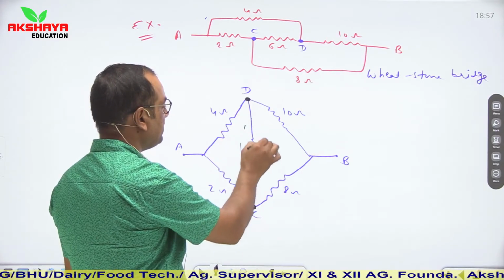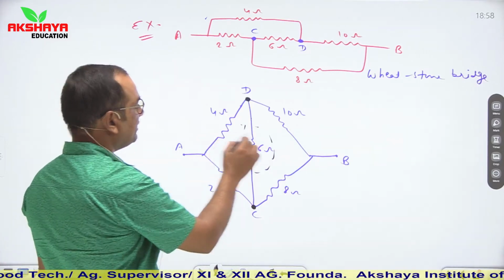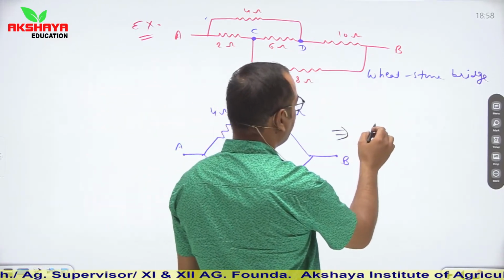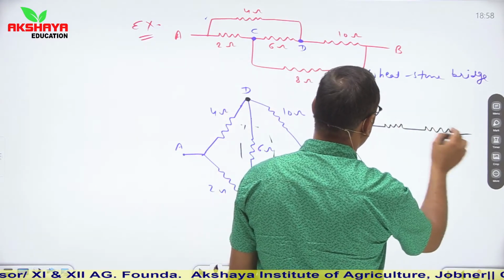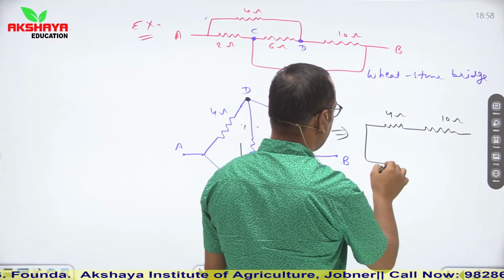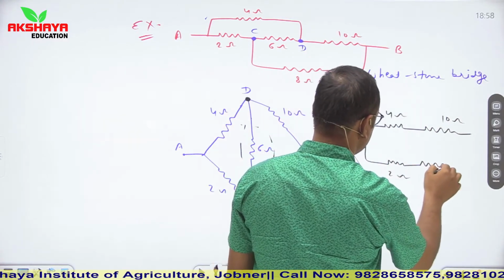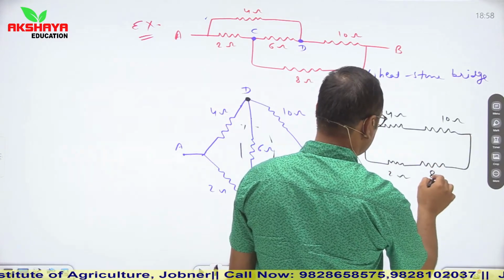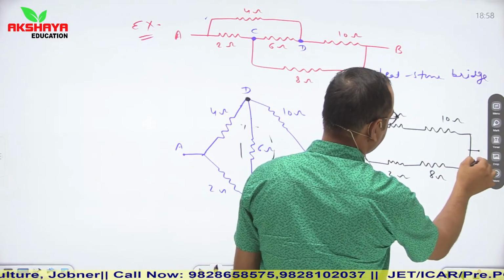And if this resistance is ignored, then after redrawing, this diagram becomes like this: this is 4 ohms, this is 10 ohms, these two are in series, and this is 2 ohms, and this is 8 ohms, these two are in series combination, this is terminal A and this is terminal B.